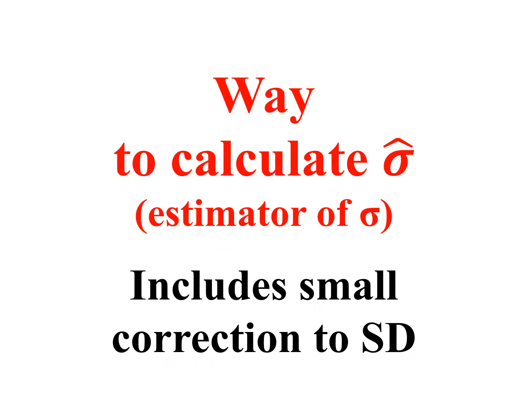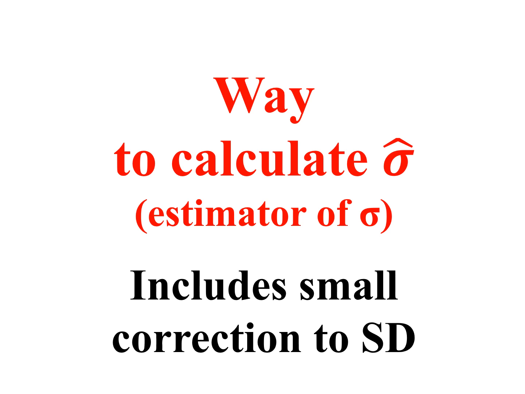During the last lecture, you learned how to calculate sigma hat, an estimator of the population standard deviation. This estimator is also sometimes called S, and it includes a small correction to the usual standard deviation. The correction involves using n minus 1 instead of n when you divide the sums of squares to get the mean square.